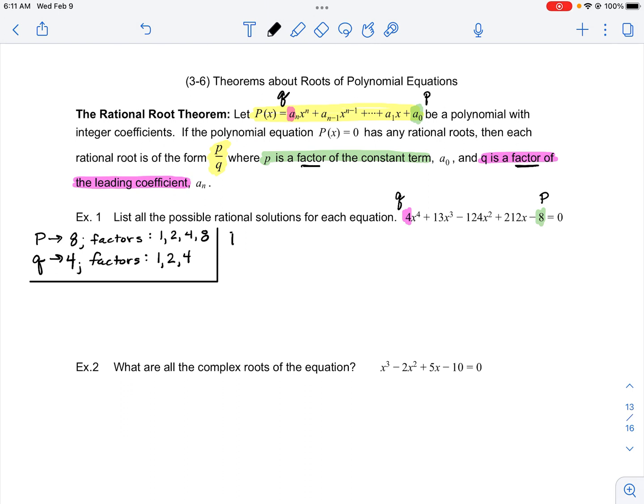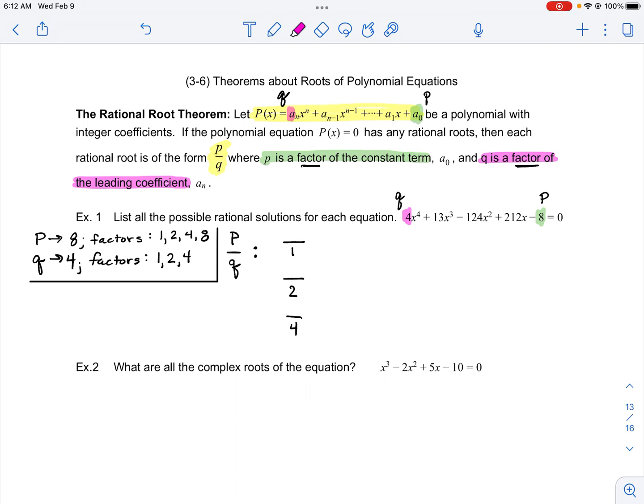Now we're going to find every possible combination of the P factors divided by the Q factors. So I like to do mine kind of systematically. I recognize that I need 3 different denominators. I'm going to have 1 as a denominator, I'm going to have 2 as a denominator, and I'm going to have 4 as a denominator.